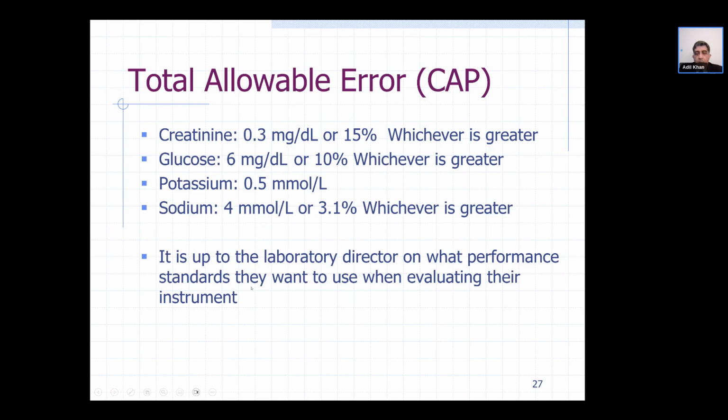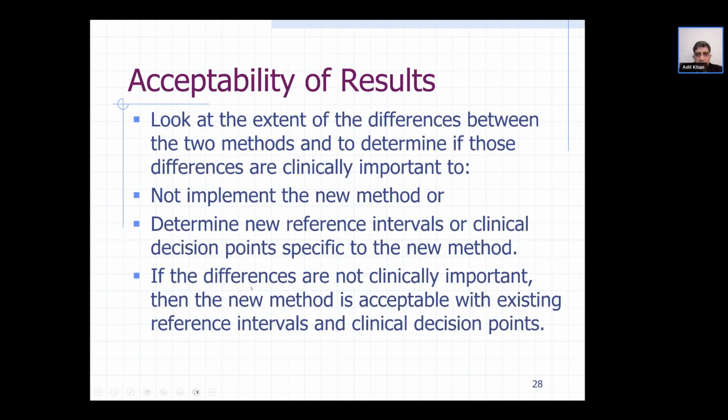So when you look at the acceptability of the results, it's important to see whether those differences are clinically significant to implement the new method, or to see if the reference range may need to be changed depending on the instrument. If the differences are not clinically important, then the new method is acceptable.